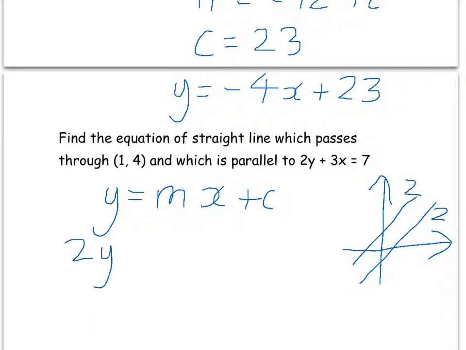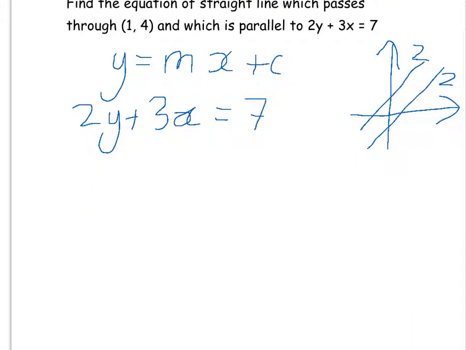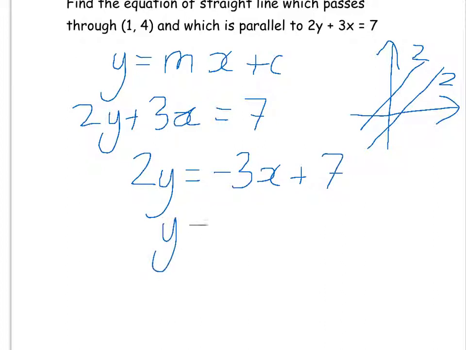So 2y plus 3x equals 7. So first step is to move this plus 3x to the other side by subtracting it from both sides. So 2y equals minus 3x plus 7. And finally, divide through by 2 to get y on its own. So y equals minus 3 over 2 x plus 7 over 2.